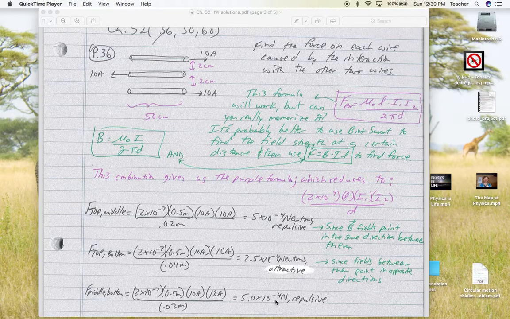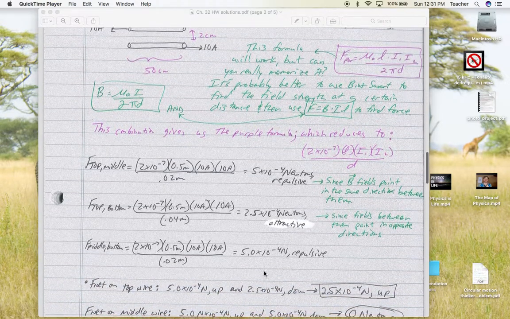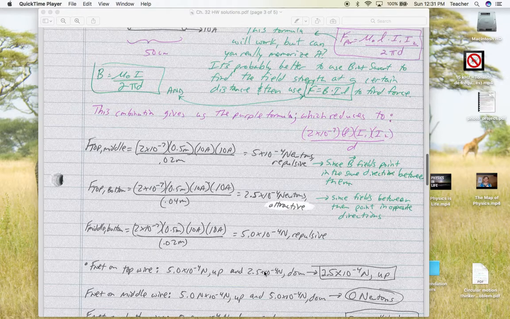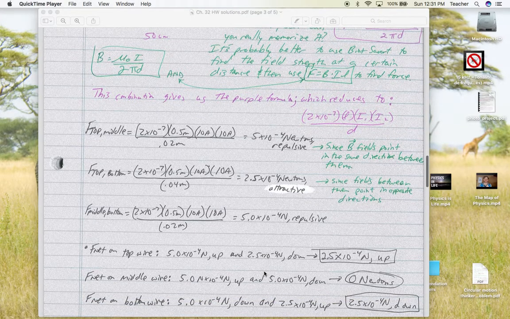And there's a symmetry here. So the net force on the top wire, net force on middle wire, net force on bottom wire.